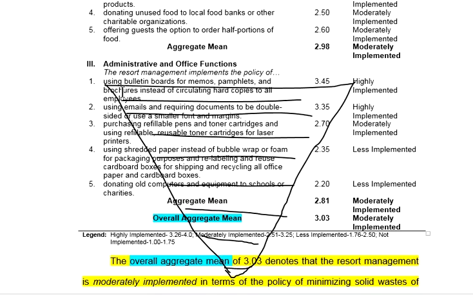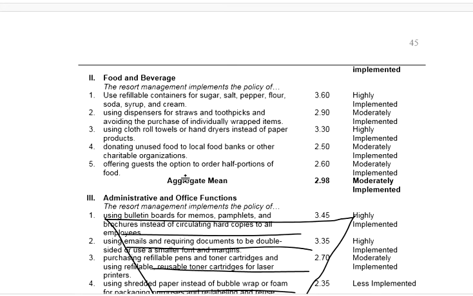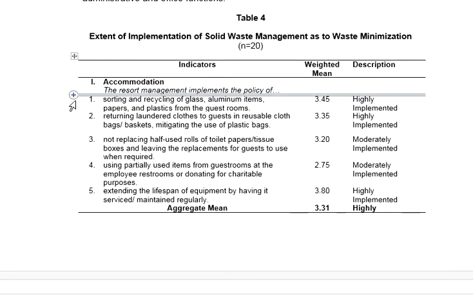What we are going to do is, first, mention the overall aggregate mean. After discussing the overall aggregate mean, let's proceed to the aggregate mean per indicator. So let's start with number 1, accommodation.